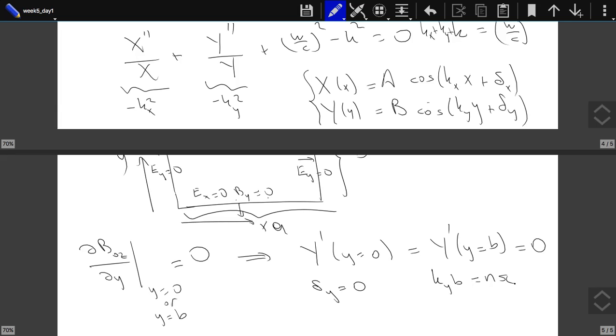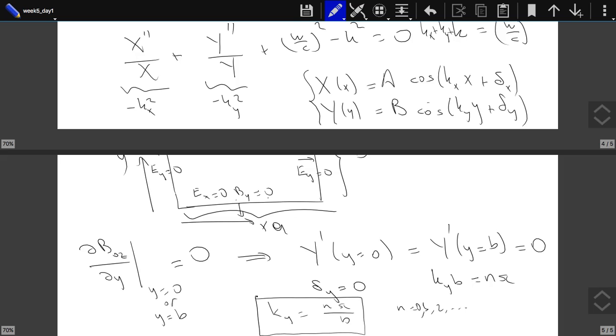So ky cannot take an arbitrary value. It can only take values n pi over b, n being 0, 1, 2, etc. So these are the possible values of ky.